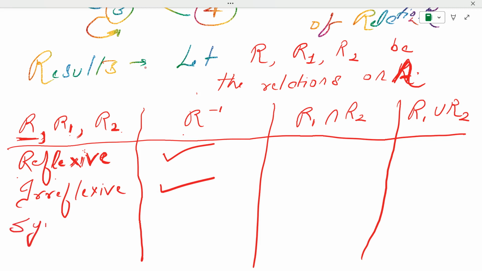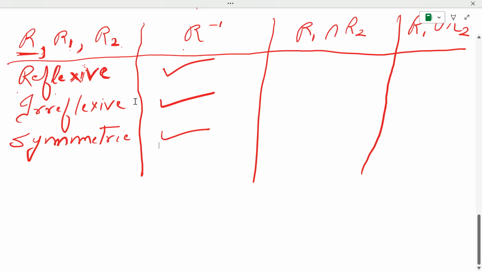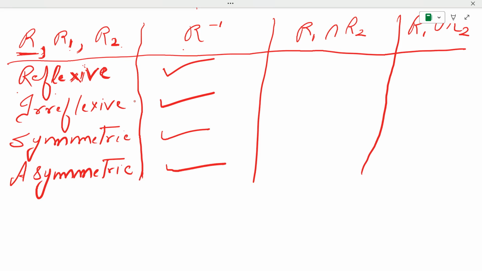If R is symmetric, then R inverse is also going to be symmetric, right? If R is asymmetric, R inverse is also going to be asymmetric, because R inverse is just the opposite of R, right?